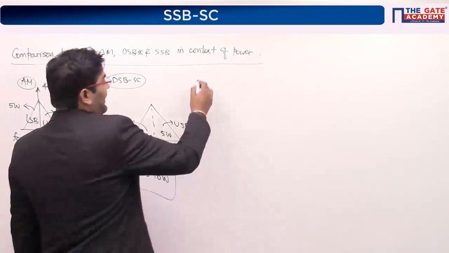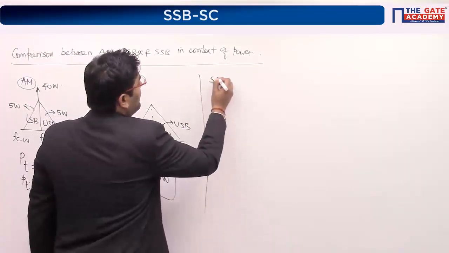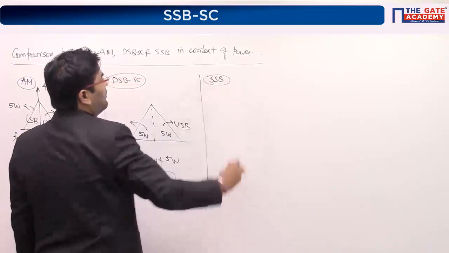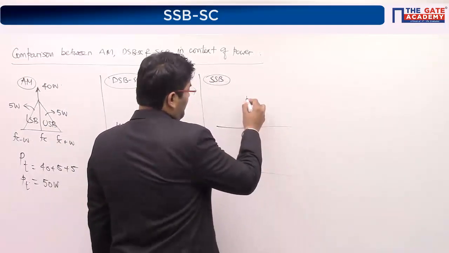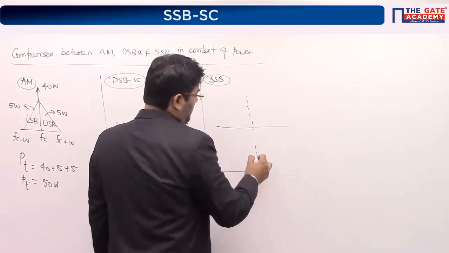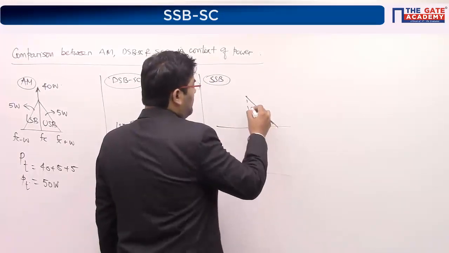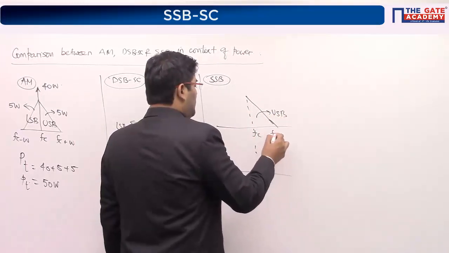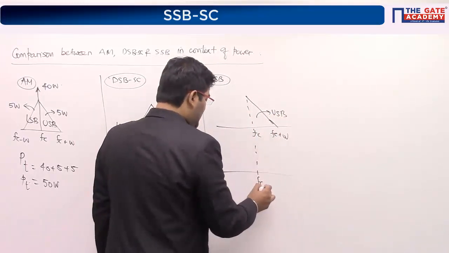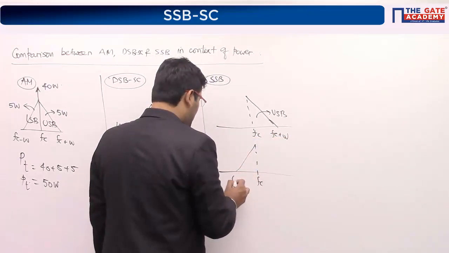But it will further reduce if you look at single sideband. So single sideband will have, like, either you will send upper sideband, or you will send lower sideband.